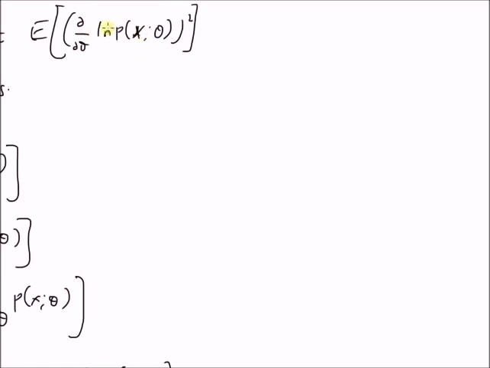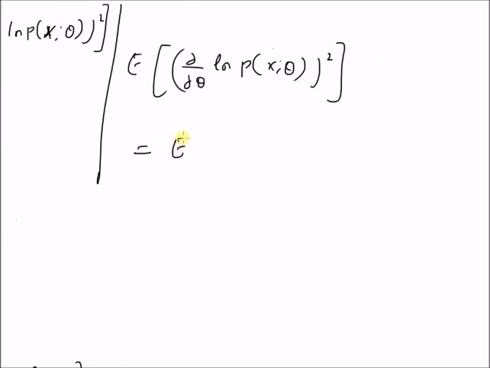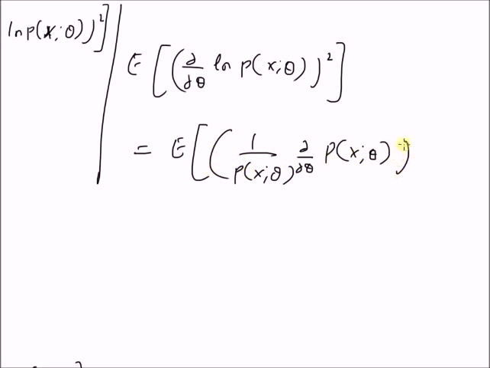Now let us begin with the RHS. Starting with the expectation of the first derivative of the log likelihood function whole square, which is equal to the expectation of 1 by the probability of x given theta into the first derivative of the probability distribution of x, whole squared.